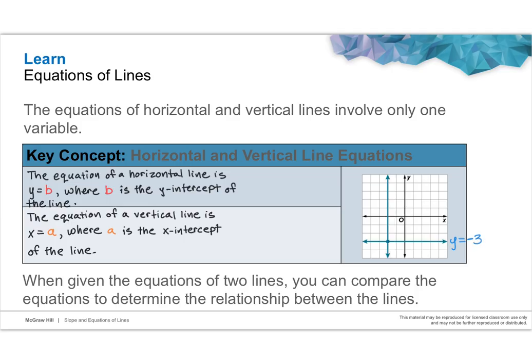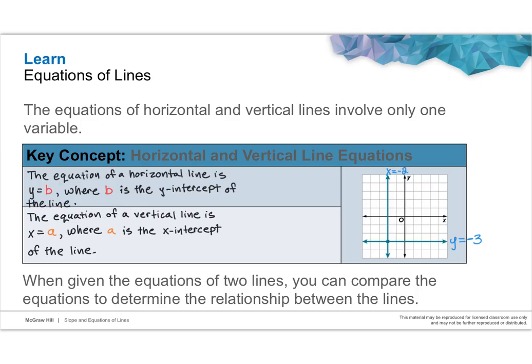And then the equation of a vertical line is going to be of the form x equals a, where a is going to be the x-intercept of the line. So in our vertical example over here, my x-intercept is at -2 on the x-axis. And so the equation of this line would be x equals -2.